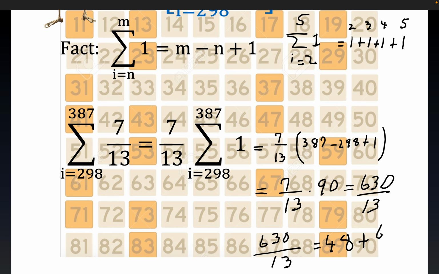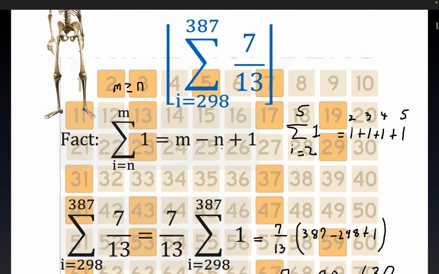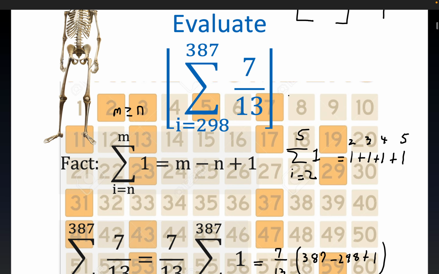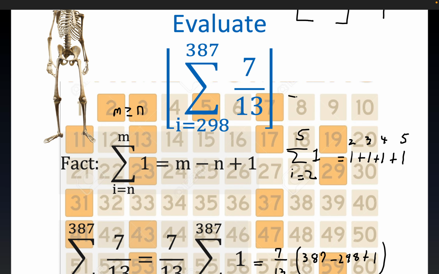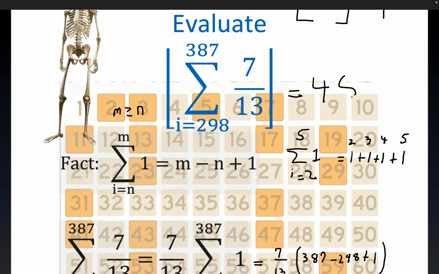Of course, 6 over 13 is less than 1. The division algorithm guarantees that. So this was the input to our original problem, which is to find the floor. This would just be equal to 48, which is the answer.